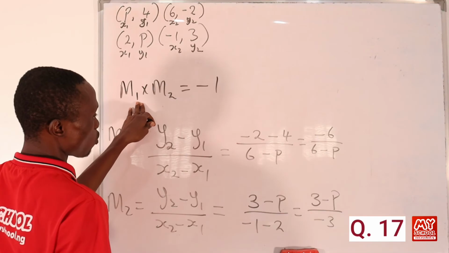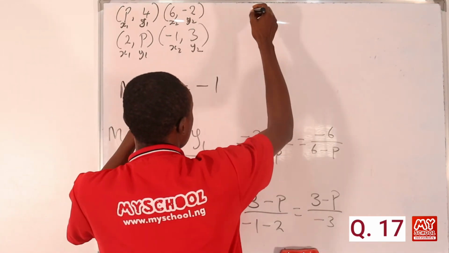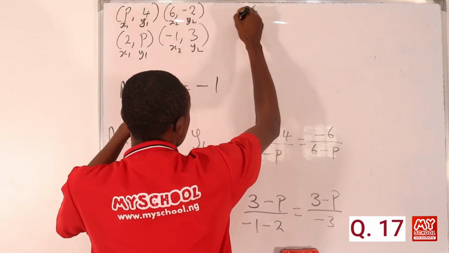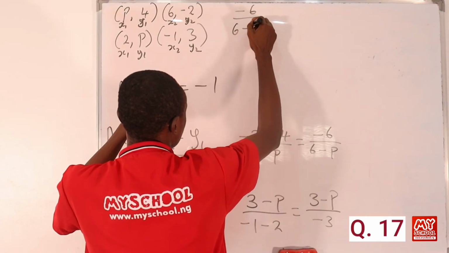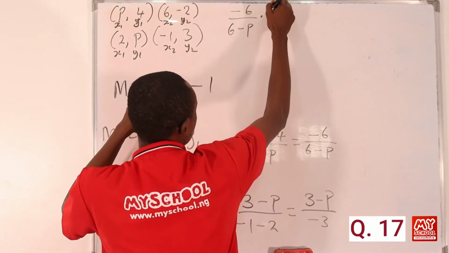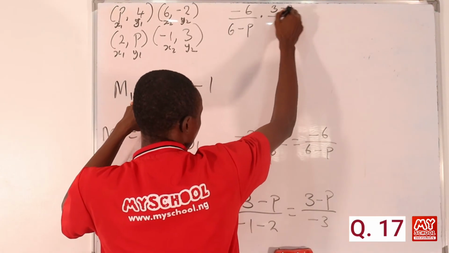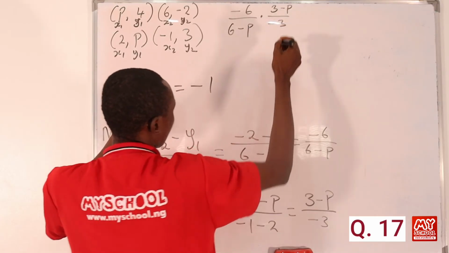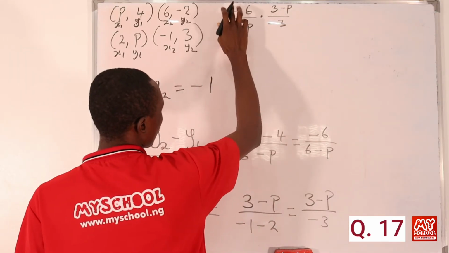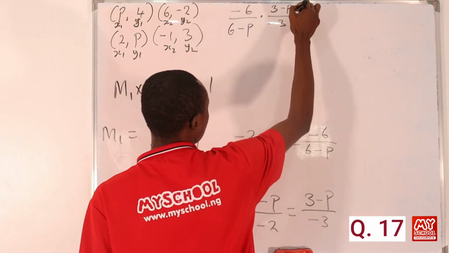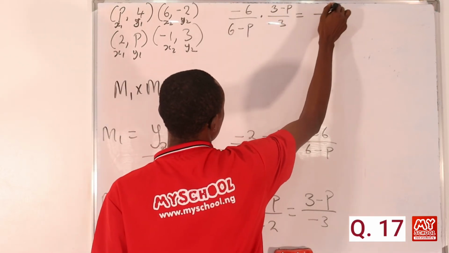So remember the condition for perpendicularity. So let's sum this up. We have minus 6 over 6 minus p times 3 minus p over minus 3. Okay, so let's multiply out. Take note, everything here is equal to minus 1.